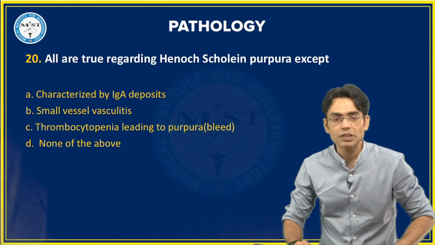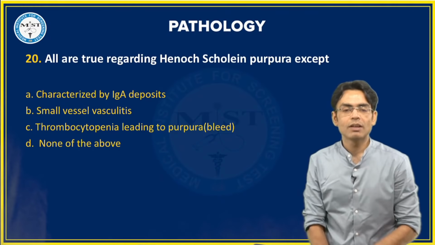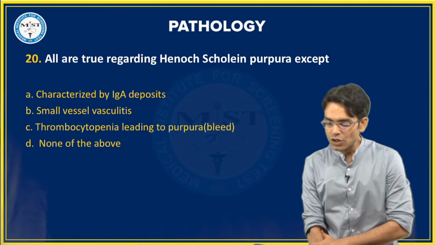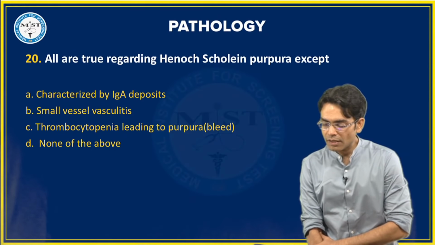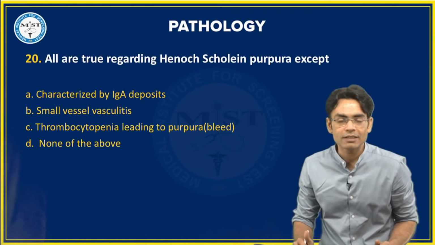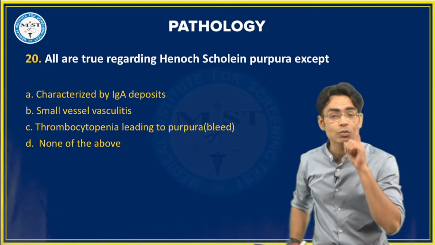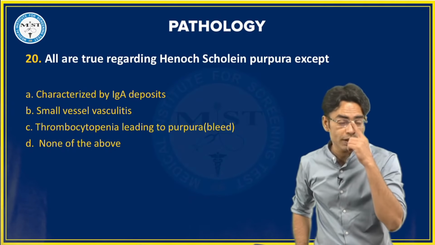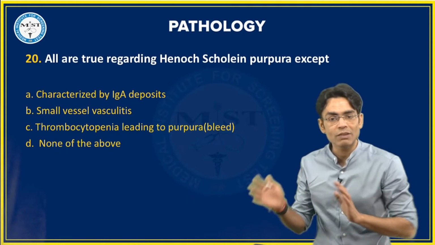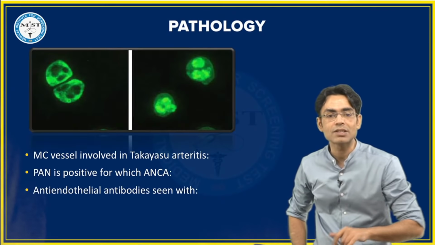Is it characterized by IgA? Very good, you have taken this correct point. In Henoch-Schonlein purpura there is no thrombocytopenia. So whatever bleed is happening, that is happening not because of this. So the correct answer is C.